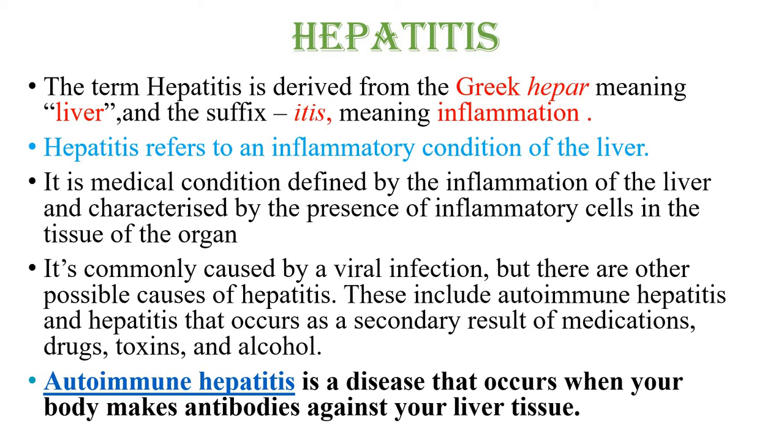Autoimmune hepatitis is a disease that occurs when your body makes antibodies against your liver tissue. Here our own liver is treated as a foreign body and antibodies are produced by our immune system so as to destroy the hepatic cells.